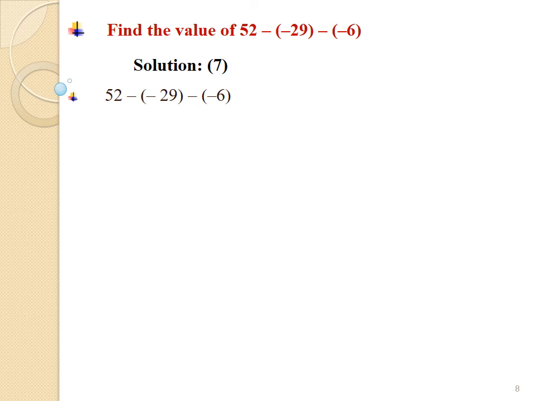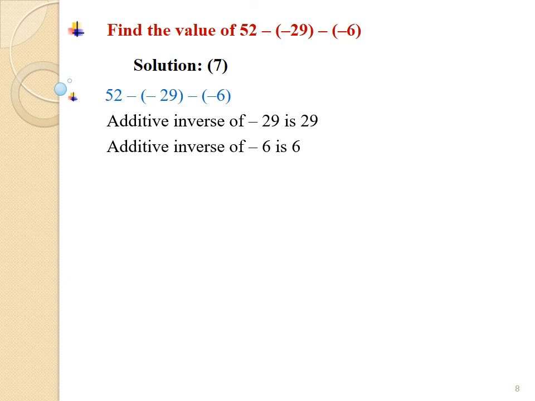So now, let us solve question number 7. First of all, writing the additive inverse of both the integers -29 and -6. The additive inverse of -29 is 29 and the additive inverse of -6 is 6.